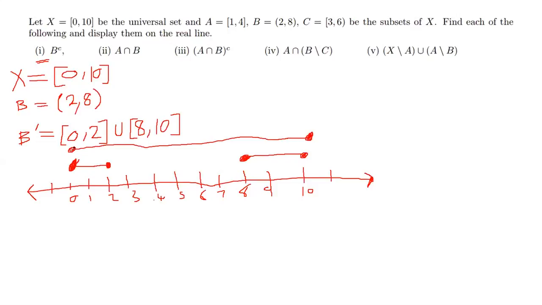This is just one way, and it's the one that I've seen to be the simplest. Make sure that you label them. This is the universal set X. Then this one is B complement. It's just as simple as that.